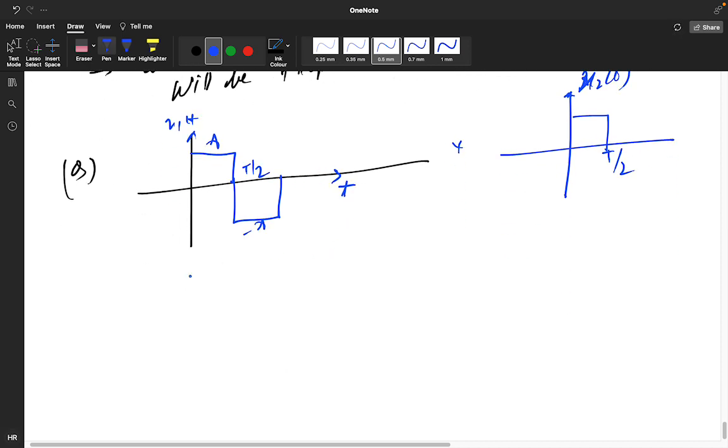So we are breaking this in two parts. This is my a, this is my t by 2. I am first doing the convolution with this.